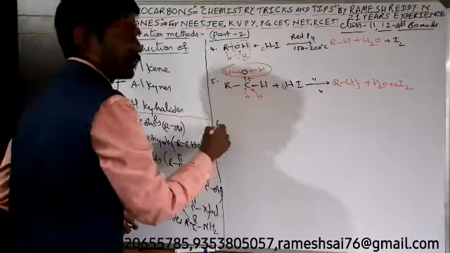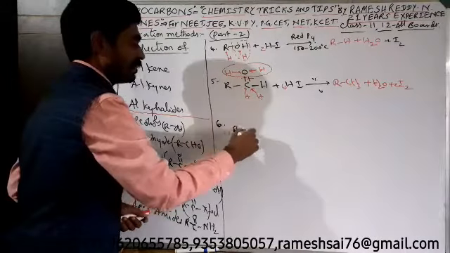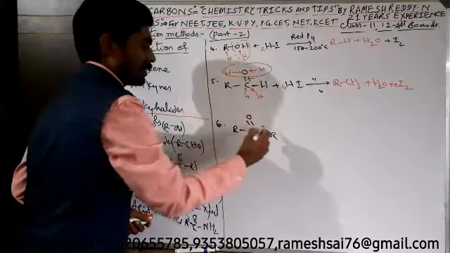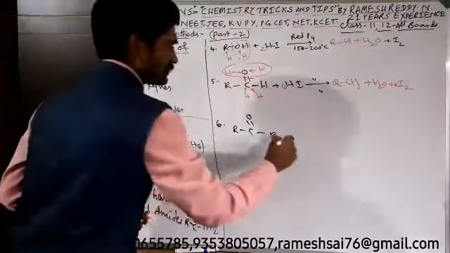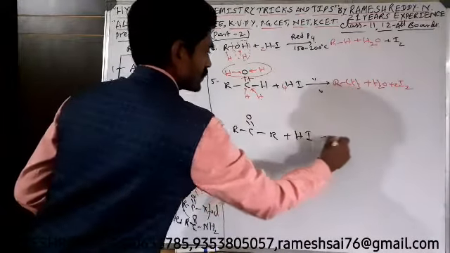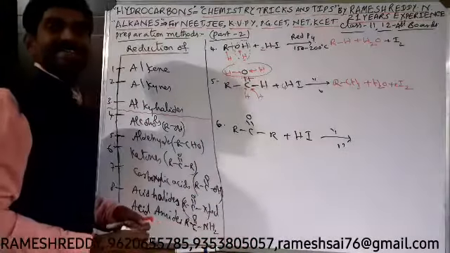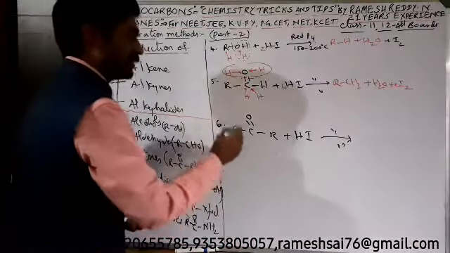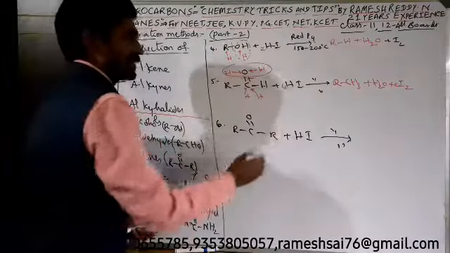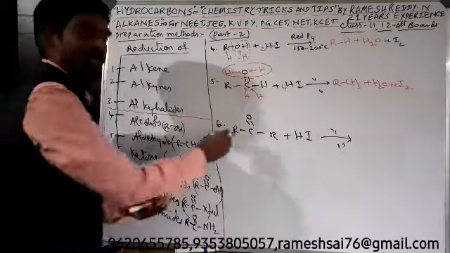Next one, from ketones. The ketone general formula is RC double bond OR, that is RCOR. It undergoes reduction by the use of HI and red phosphorus at 150 to 200 degrees Celsius temperature. What happens here? In the presence of this reducing agent, the carbon-oxygen bond undergoes cleavage.